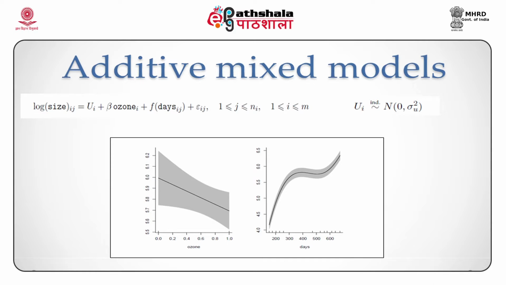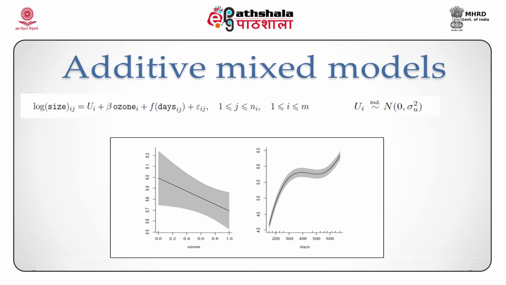Now, you can of course specify the kind of nonlinearity, that is quadratic or cubic or exponential, but another way which is popular in the statistical literature is just to say that it is a function f of day, where we specify nothing about f except that it is smooth, and wish to estimate it from the data.